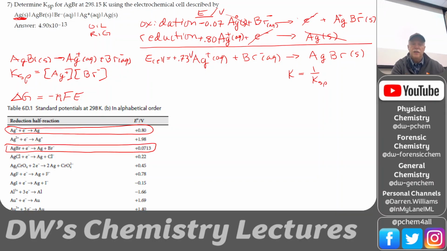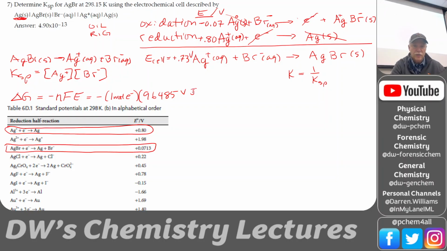So the delta G for this is the number of electrons times Faraday's constant times the cell potential. Okay, and the negative sign too. So minus, and then we have 1 mole of electrons. Do you remember Faraday's constant? 96485 joules per mole.